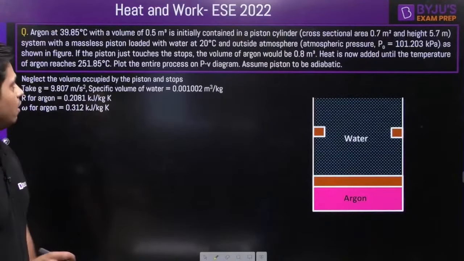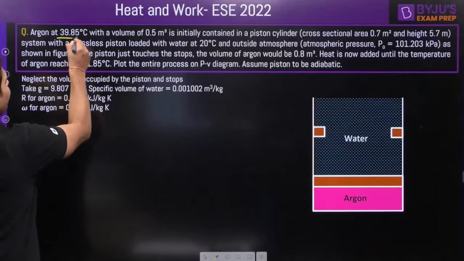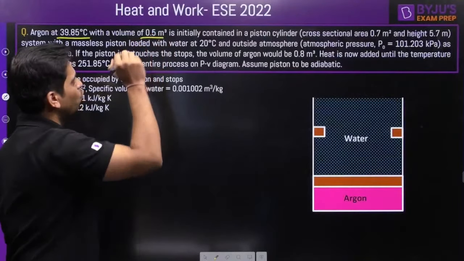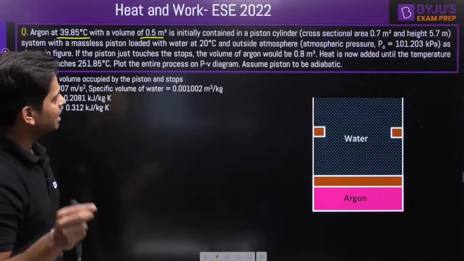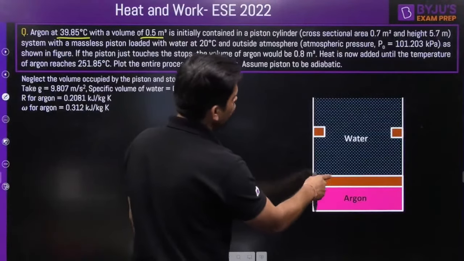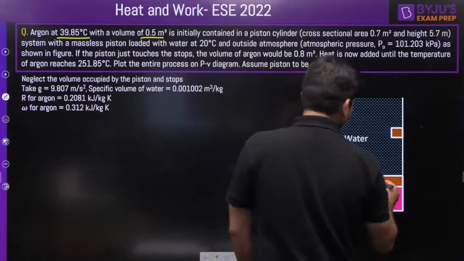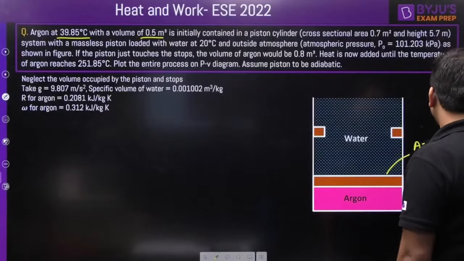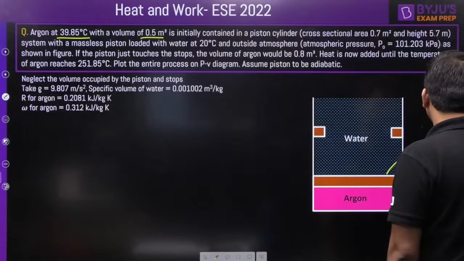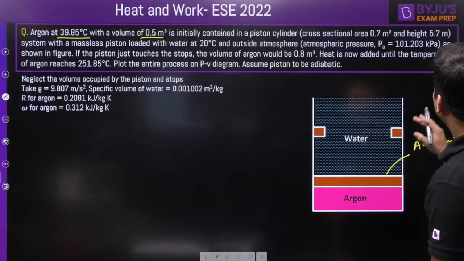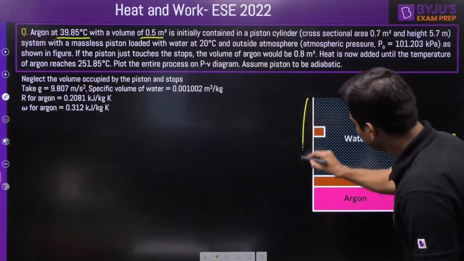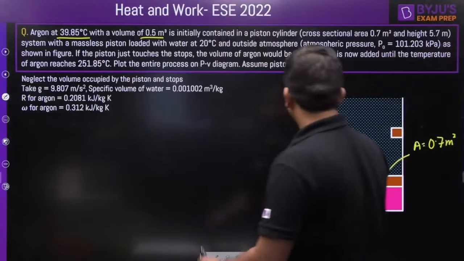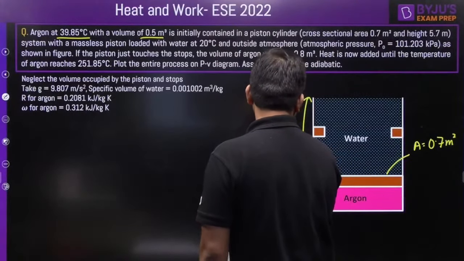Argon at 39.85 degrees Celsius with a volume of 0.5 meter cube is initially contained in a piston cylinder arrangement whose cross-sectional area, so piston cross-sectional area is 0.7 meter square, and total height is 5.7 meter.